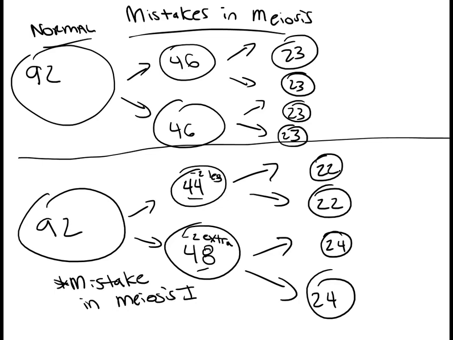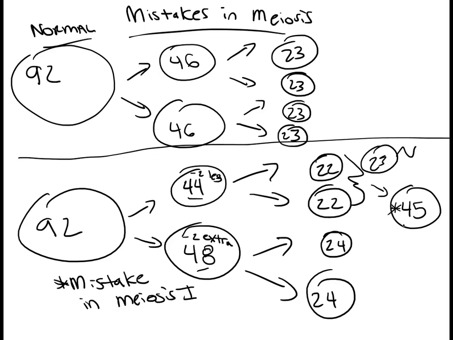If this egg was fertilized by a normal sperm with 23 chromosomes in it, then that would mean this egg and this sperm together would produce a zygote with only 45 chromosomes. That would mean each one of this child's cells only has 45 chromosomes instead of the full 46.